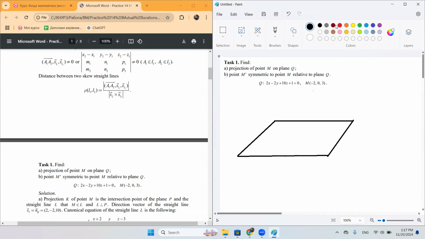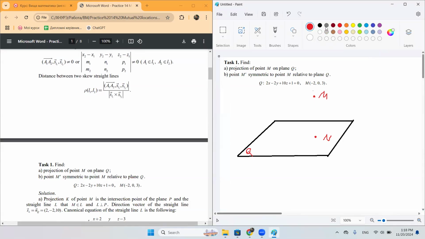Okay, so here is point M, and this is the plane Q. And this is a projection of point M, let's call it N. And how to find this projection?